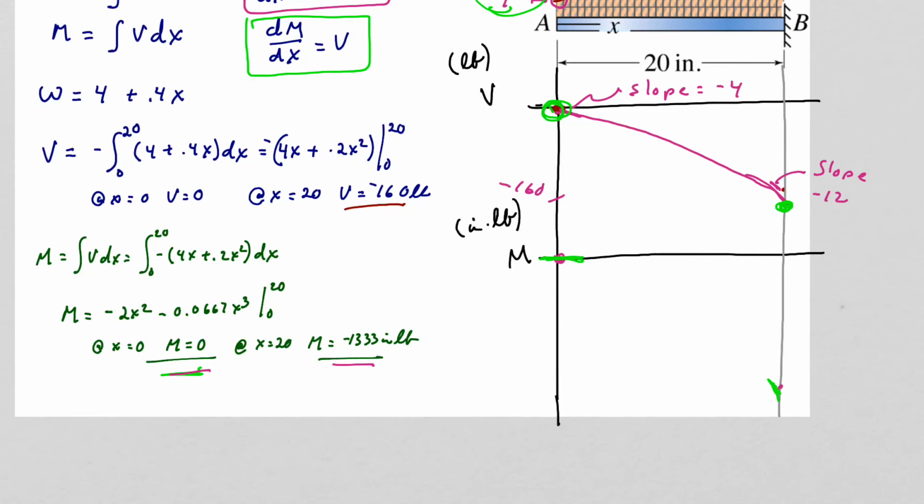With that information, we can then draw our curve, and this will be this negative 1,333. And again, the slope here is equal to 0, which is a horizontal line, and the slope here is equal to this negative 160.